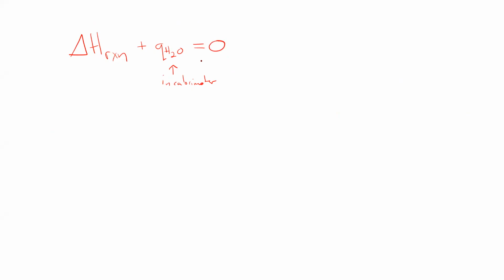And so what that means is if the enthalpy of reaction is exothermic, then in order for this to equal 0, the heat absorbed by the water will be positive, right? So you could say that delta H of reaction will equal negative Q of the water in that chemical reaction, okay? And so you could measure it just based on how much water you have.